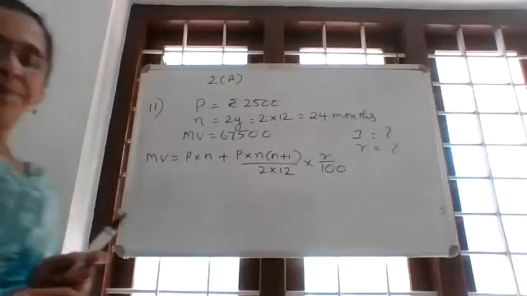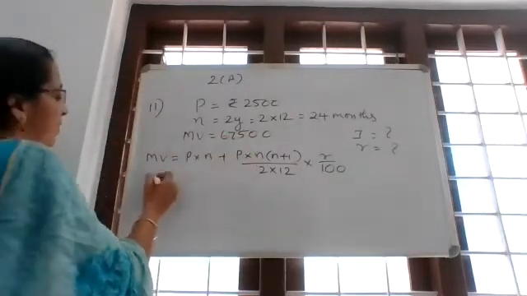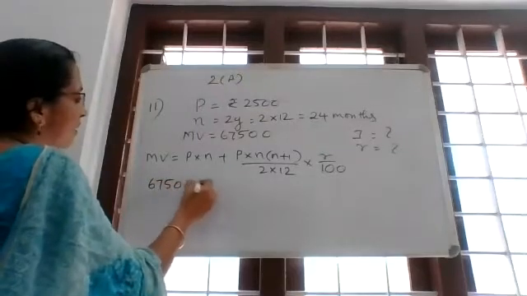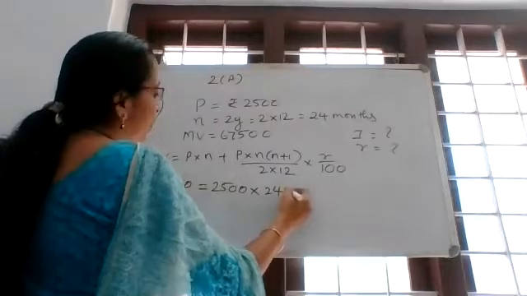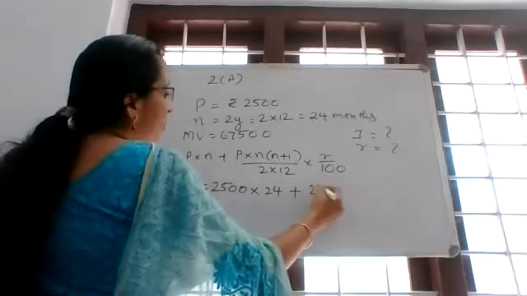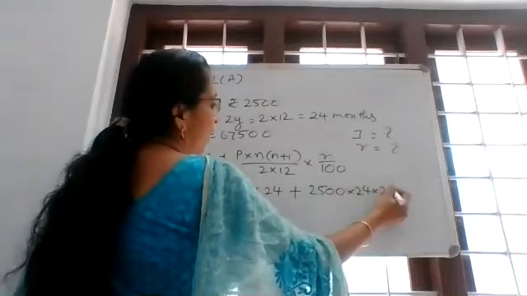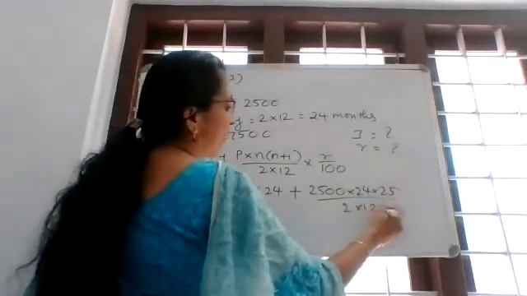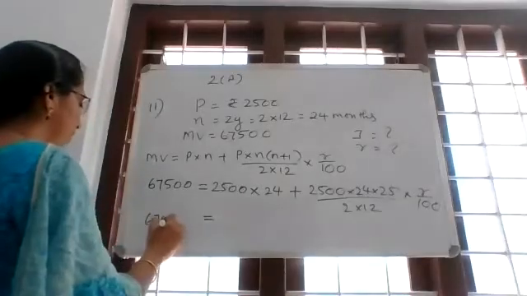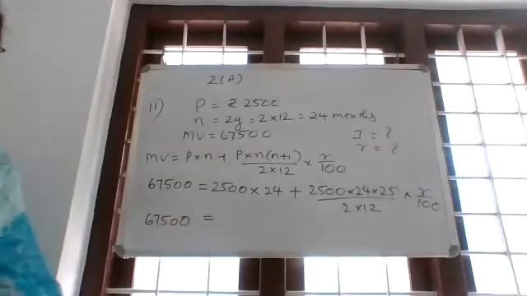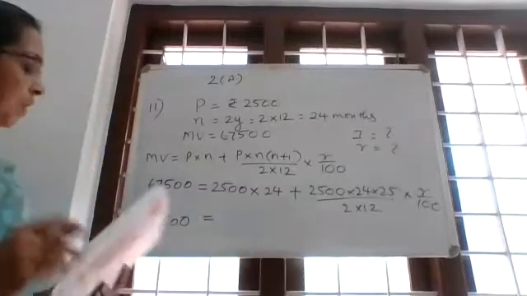So 67,500 is equal to 2,500 into 24 plus 2,500 into 24 into 25 divided by 2 into 12 into R by 100. So 2,500 into 24 is what?